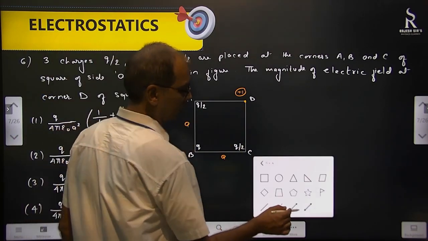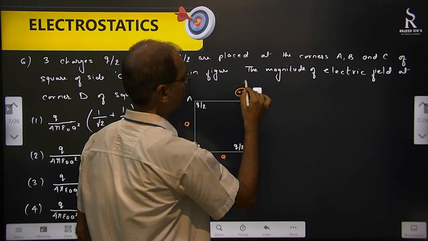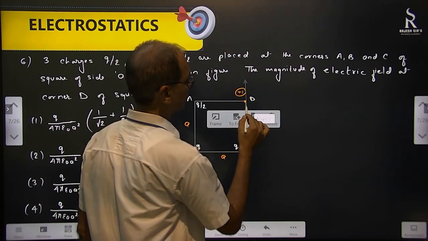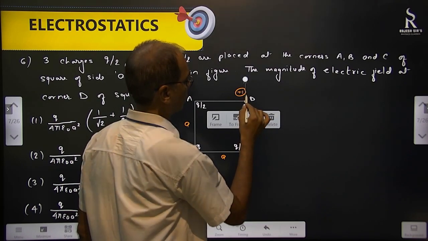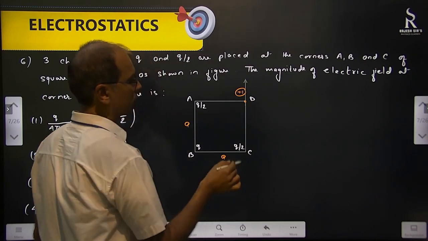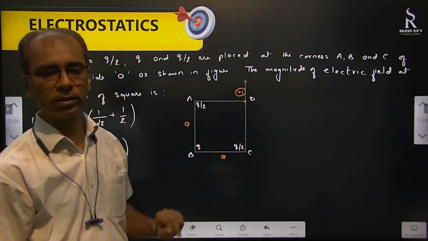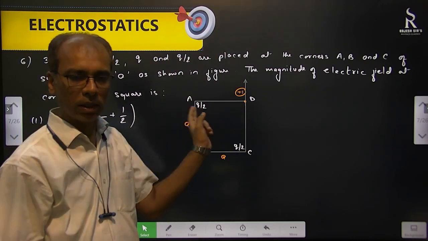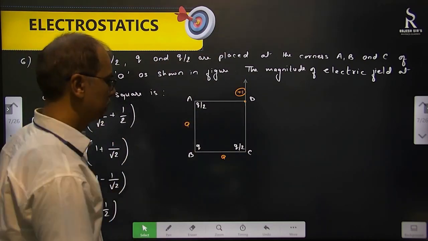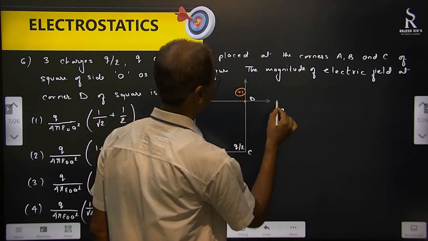So repulsion, that means the direction is like this. This is the electric field due to point C at point D. Because of this q by 2, again repulsion. So again repulsion, we'll see like this.